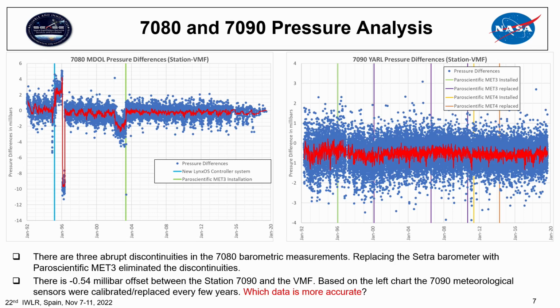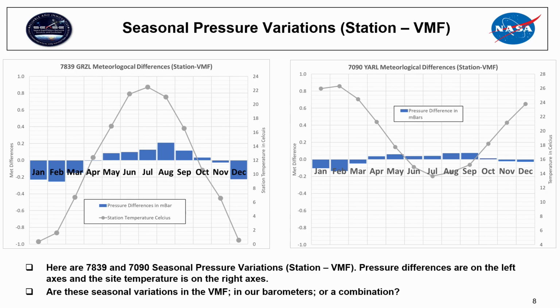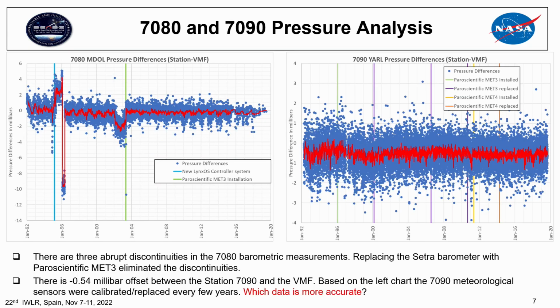In the case of Yarragadee, there was a 0.5 millibar mean offset between the station and the VMF. And since they changed barometers multiple times, which were calibrated to NIST, I think this 0.5 millibar error is in the VMF and not in the station's barometer.